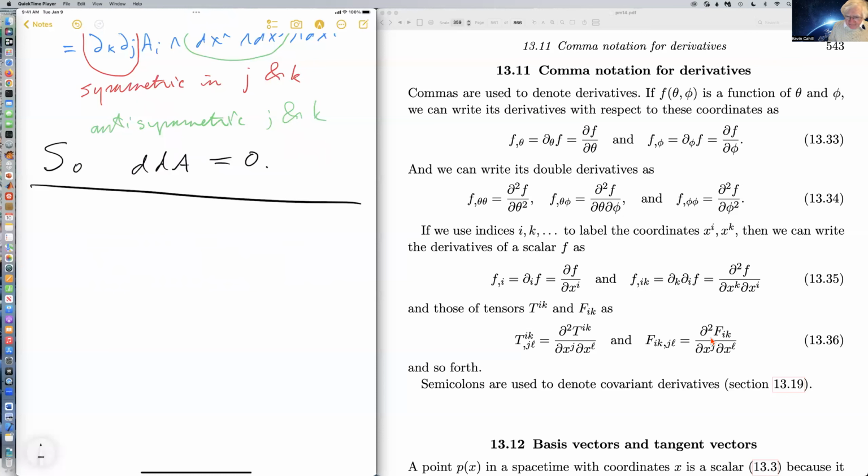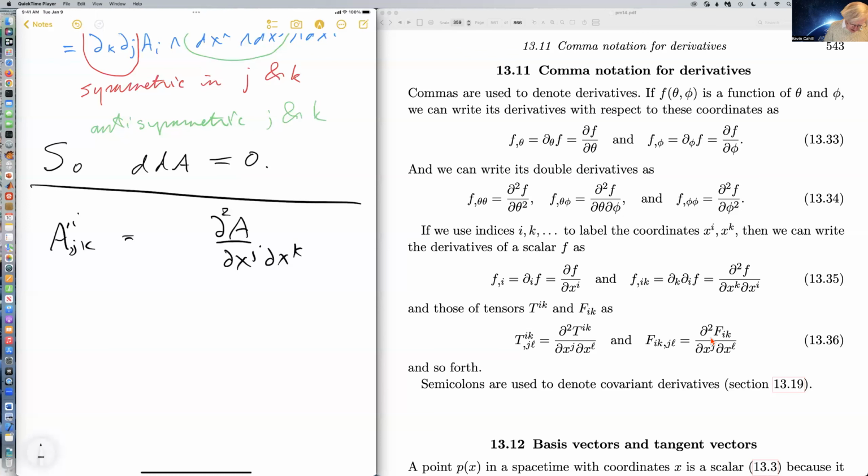You might say, well, what about something like this? What is A comma i comma k? Well, first of all it's partial A, partial x^j, partial 2, partial x^j, partial x^k. And actually, that's a comma up there, and I guess we have a comma there.